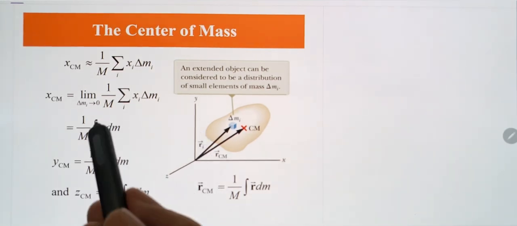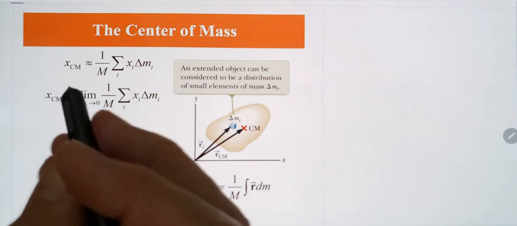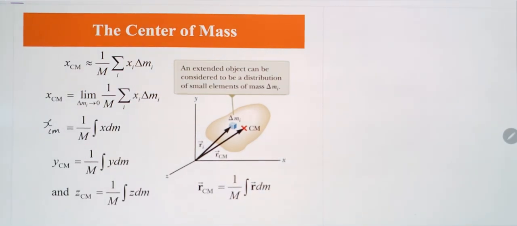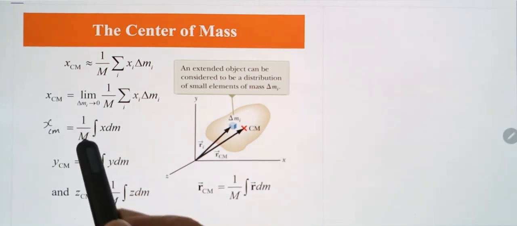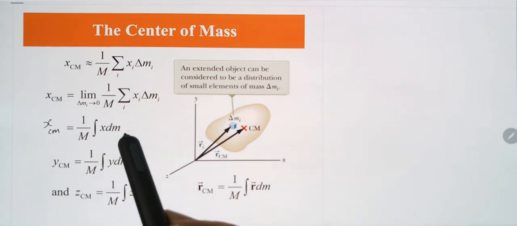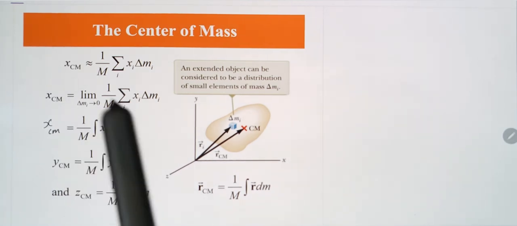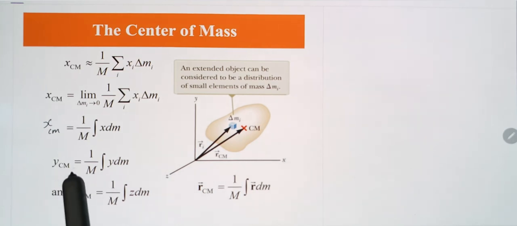So that means the center of mass of an object can be calculated by 1 over m, the total mass of the object, and then the integration of x dm. Same thing for the y and the z, and we apply it for the r.